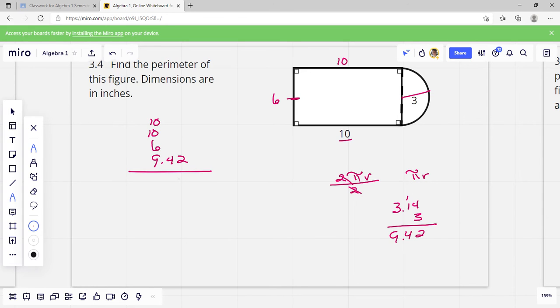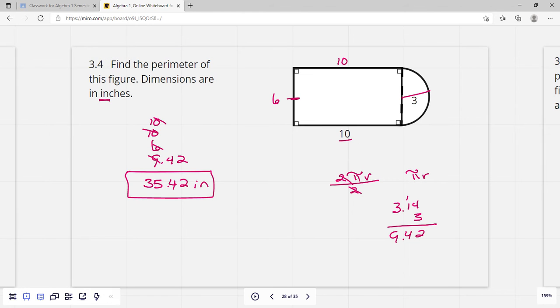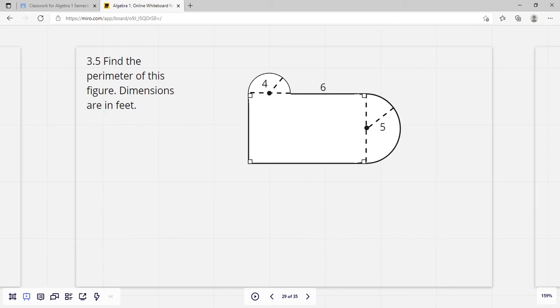And then we're just going to add those up. 20, 29, 35. 35.42, and that says dimensions are in inches. And there's our answer. Okay, so on these you have to use pi r to find half a circle instead of 2 pi r, because 2 pi r is the whole circle.